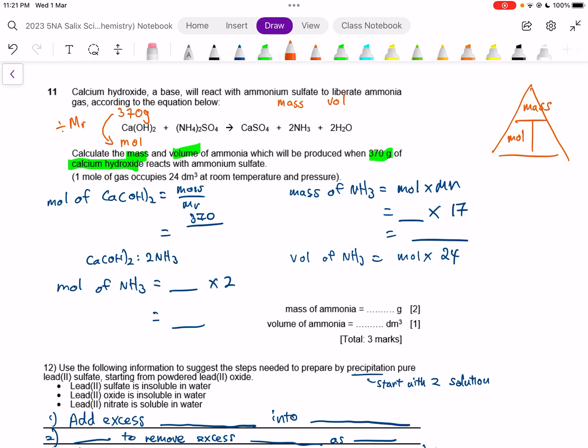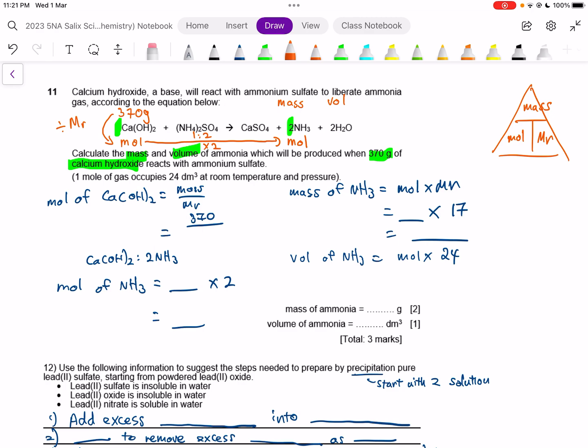Mass, mole, MR. Then subsequently I use the mole ratio, which I identify using the numbers here. If there is nothing, it means 1. Down here is 1:2, the ratio 1:2, so you multiply by 2 to get the moles.